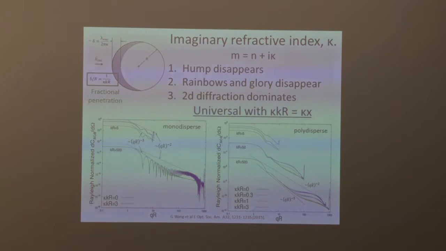Question? At all these kappa krs, is the hump slope still the same as the tangent at the QR1? Is the slope still the tangent? Oh, with respect to the Rayleigh to Bygons? Yeah.